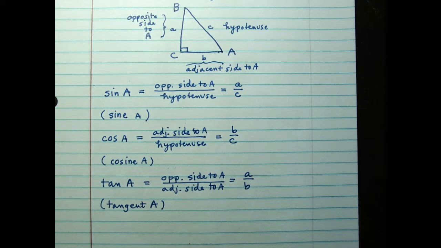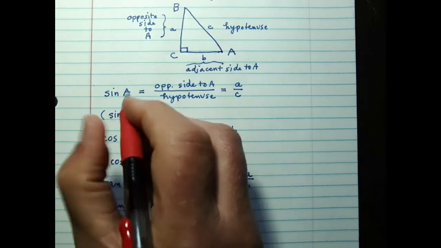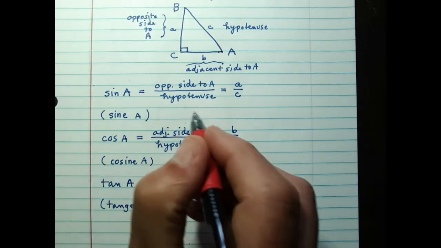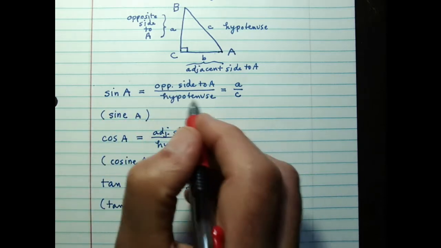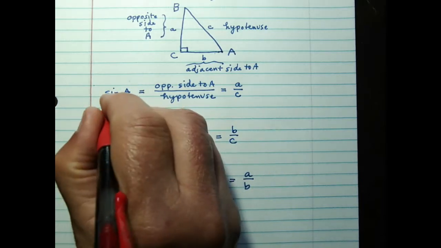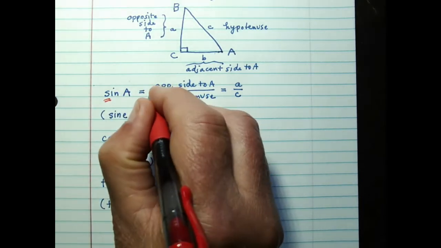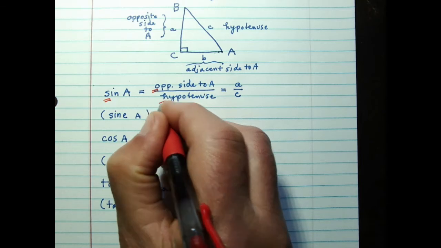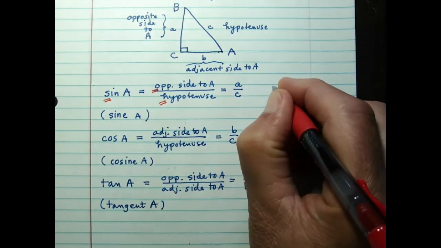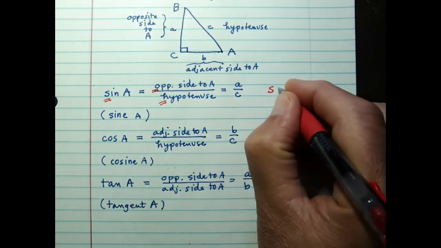Now, we got to memorize this. We got to be able to keep this straight. And there's a very common mnemonic that we're going to use, and it involves just plucking off some of the first letters of these definitions. So I'm going to take S from sine, O from opposite, H from hypotenuse.